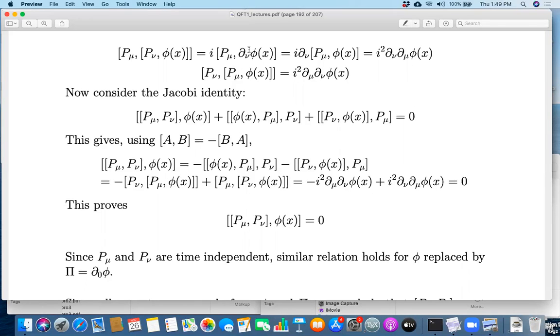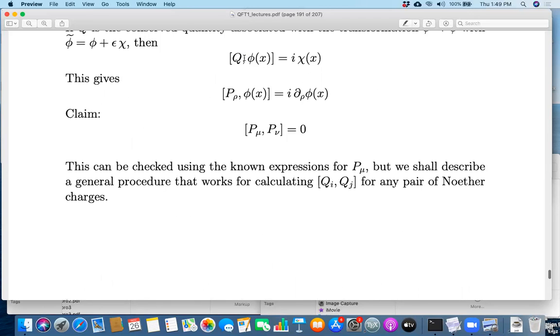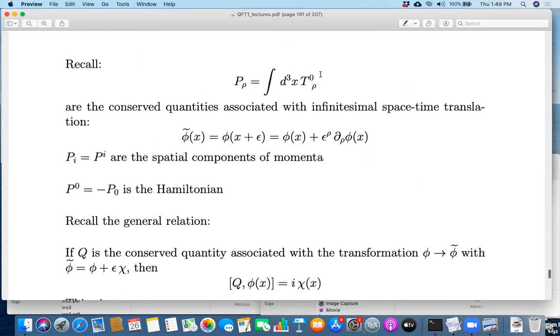And now we are going to make use of the fact that P mu, of course, doesn't depend on the space-time coordinates. It doesn't depend on the space coordinates because it already involves an integral over the space coordinates, and it doesn't depend on time because it's conserved. When you write down the expression, it does depend on time because time is not integrated over, but by the fact that it's conserved, we know that it doesn't depend on time.